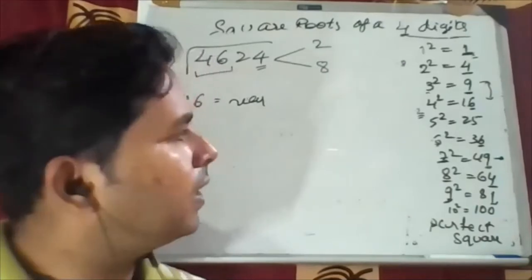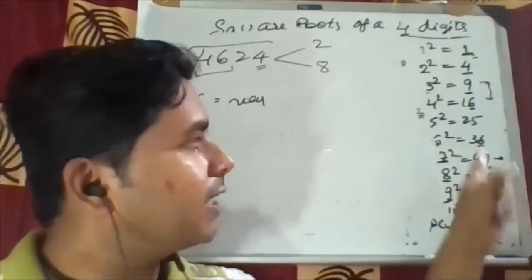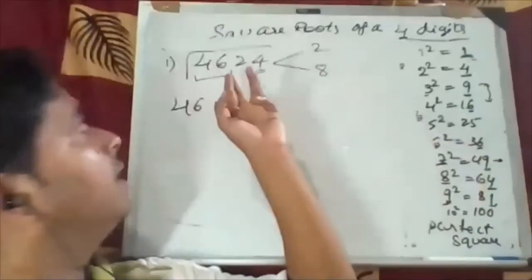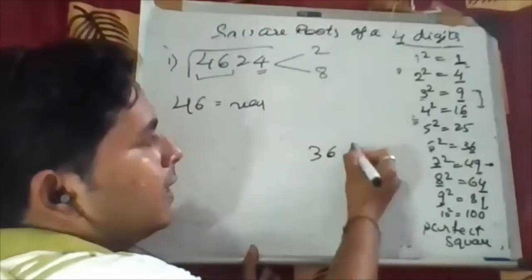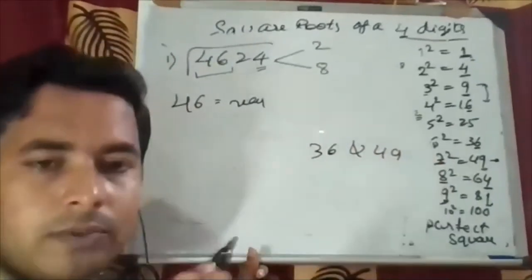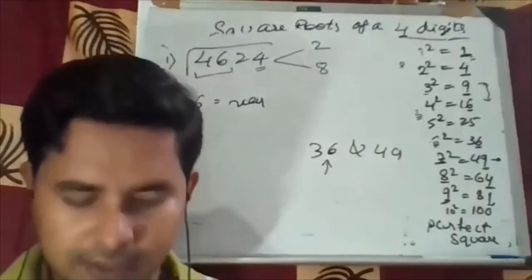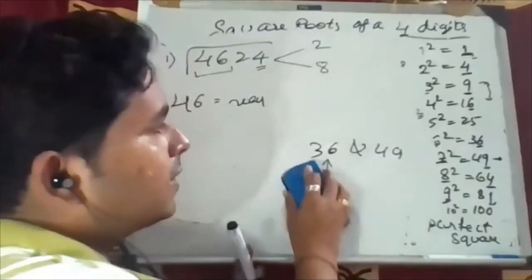It should be between 36 and 49. In this case, always take the smaller value, because 46 lies between 36 and 49. Consider the smaller value. Now it is 36.